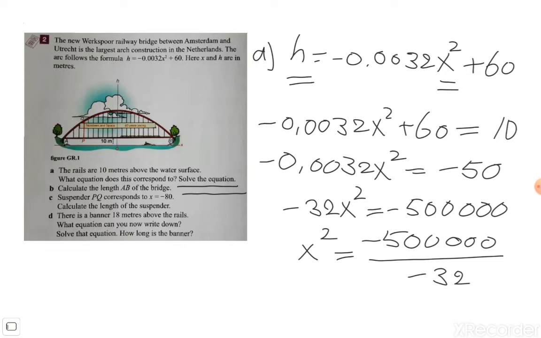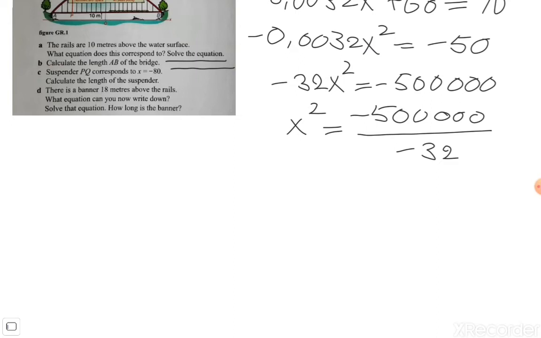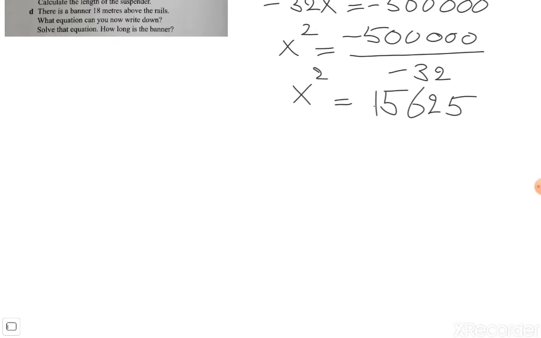And then the result is x squared is equal to 50,625. But we want to know the x. Okay, so I'm just moving this one over there.